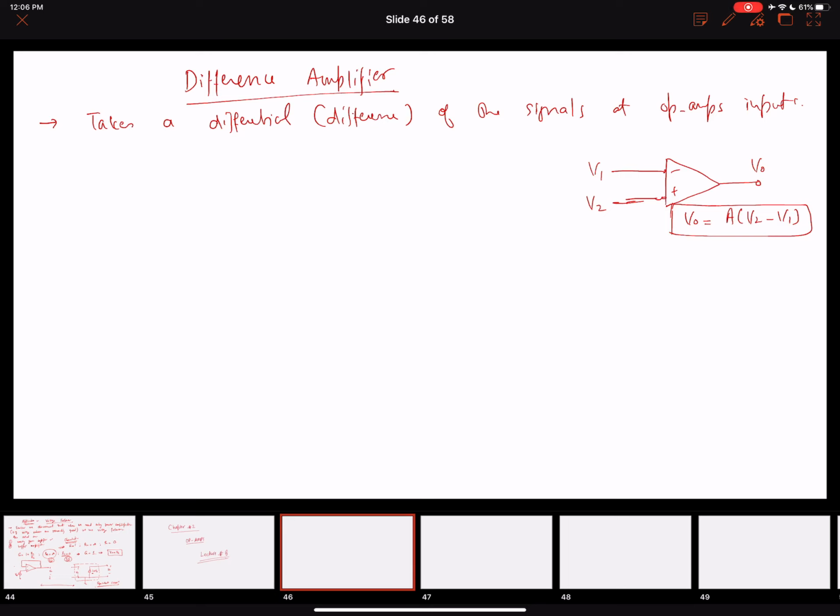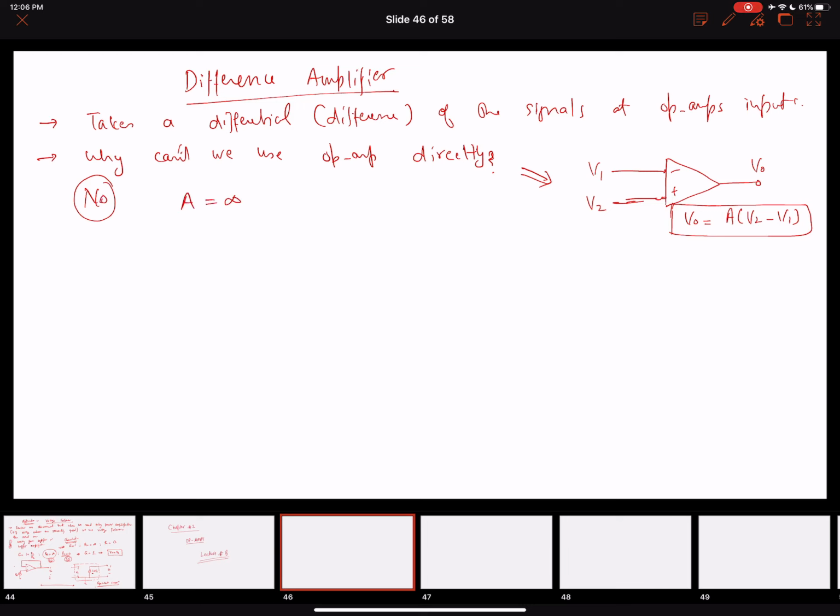So the question is, why can't we use the op-amp directly as a difference amplifier? Can we use this configuration as a difference amplifier? And the answer is no. And why not? Because of A, right?